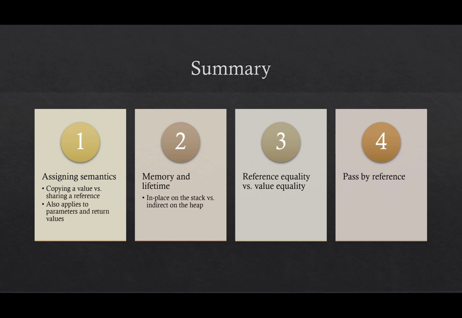And finally, not directly related to reference and value types, we talked about reference parameters, where you have a parameter that's passed by reference, which means that the parameter actually refers back to a variable in the context of the calling function.